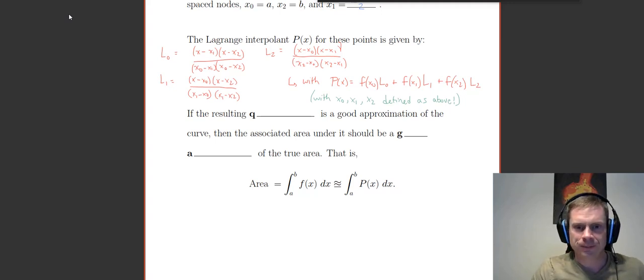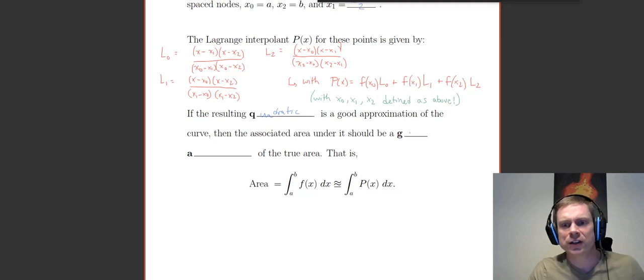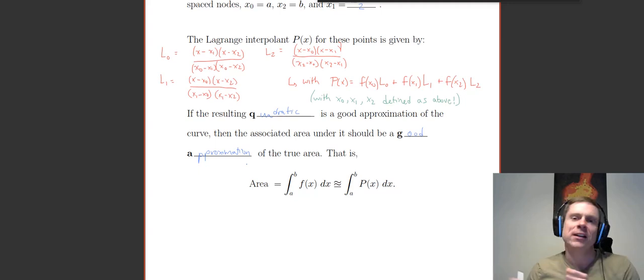So if the resulting quadratic is a good approximation of the curve, then the associated area under it should also be a good approximation of the true area. So the area I'm thinking of as being that definite integral. It's well approximated. If I can't integrate the f, I can certainly integrate a quadratic, right? And that's all the p of x is. So if I have a quadratic there, then maybe that's something that we can do.